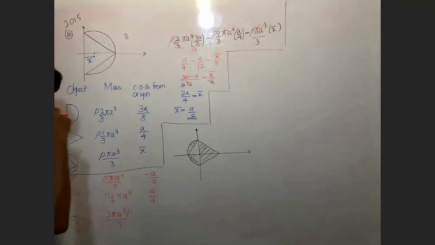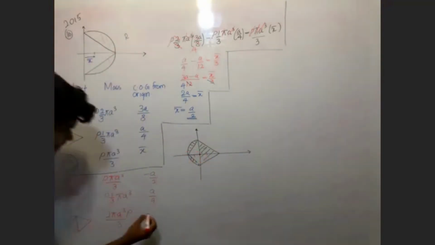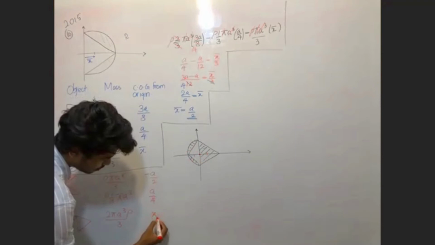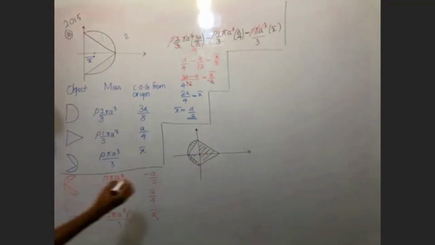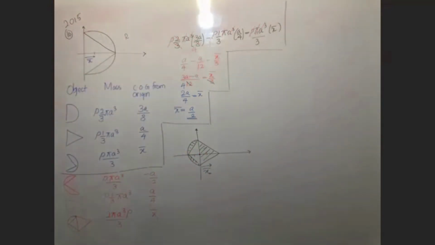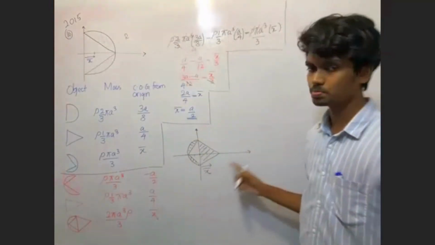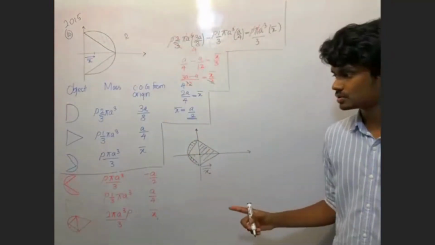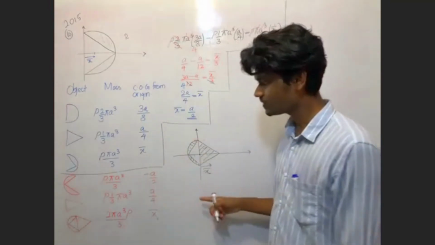Center of gravity, x bar, x naught bar, somewhere x naught bar, right? So you'll be getting this how?